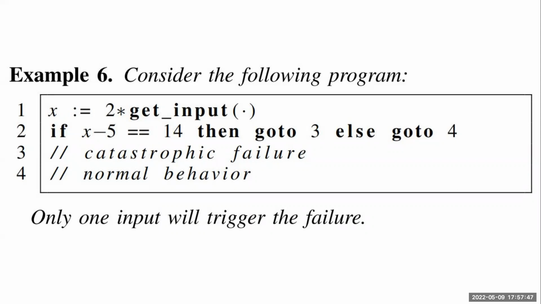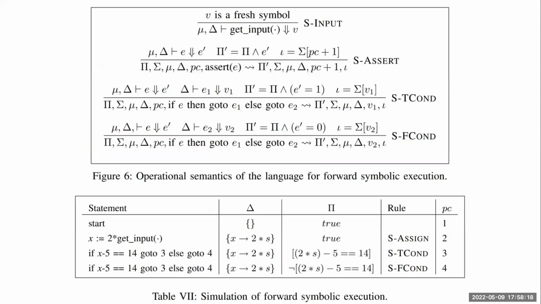Your input needs to be 9.5, to trigger the third line of code. Then the fuzzer will say, okay, that will be my next input. My input will be 9.5 instead of just randomly guessing. Okay, right? So that's one way to generate better test cases faster.